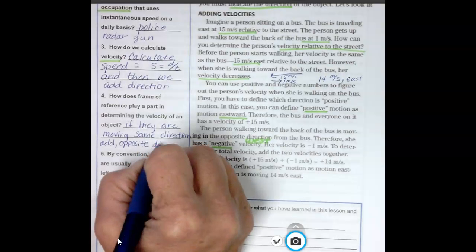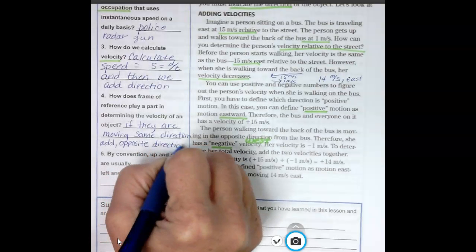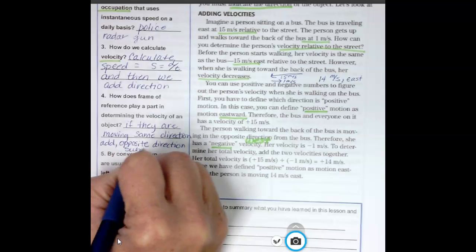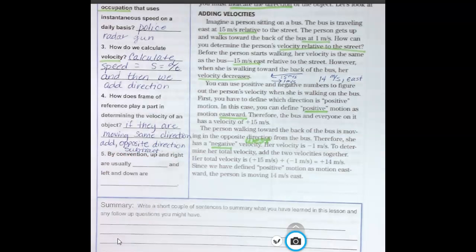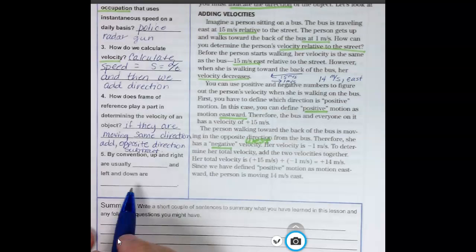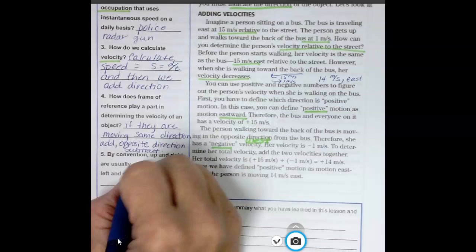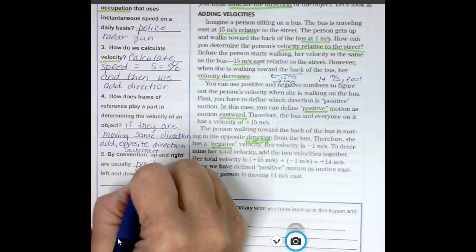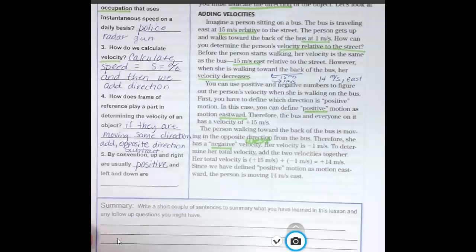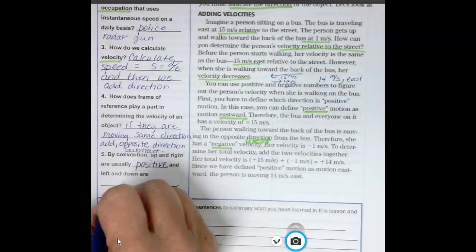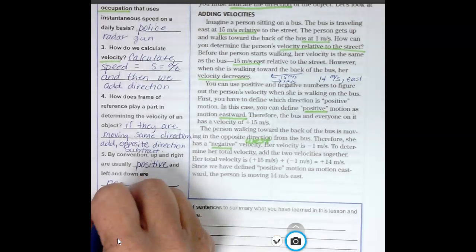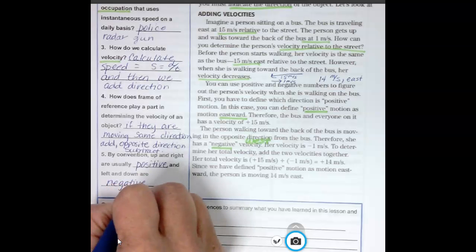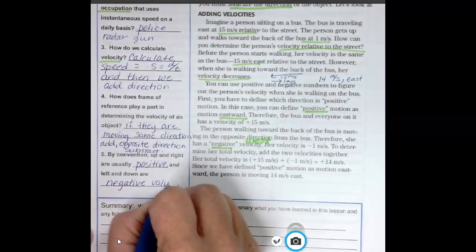Opposite directions, subtract. And then again, that's where our vectors come into play. By convention, if I'm going up or right, that would be considered a positive value. And if I'm going down or left, that would be considered a negative value.